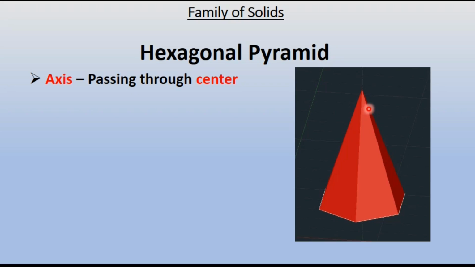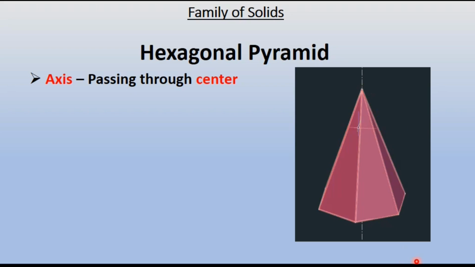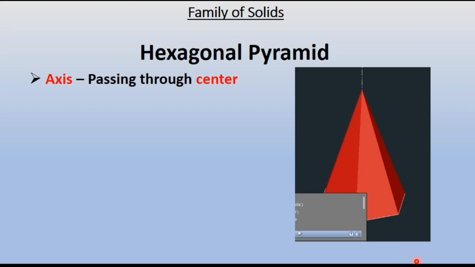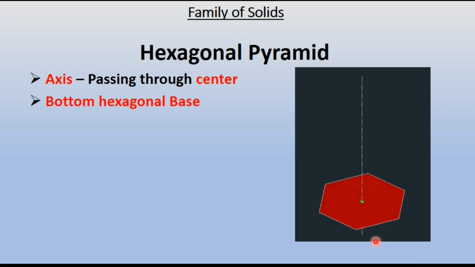There will be an axis which will be passing through the center of this hexagonal pyramid, and the bottom base will be hexagonal in shape, the axis passing through the center. So you see that there is an axis line in the center, and bottom base will be hexagonal in shape. Because this is a hexagonal pyramid, bottom base is hexagonal in shape, and the axis is passing through the center.